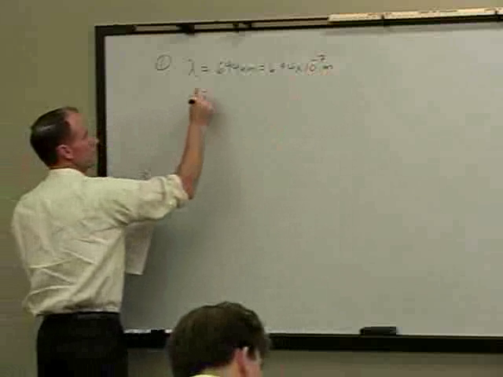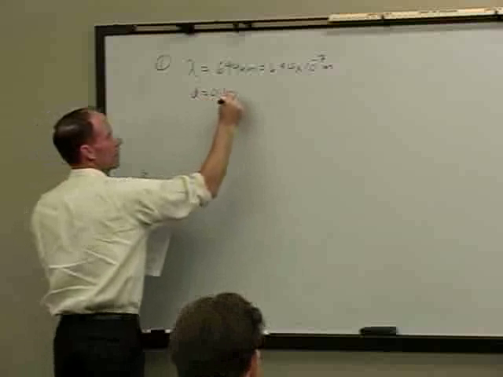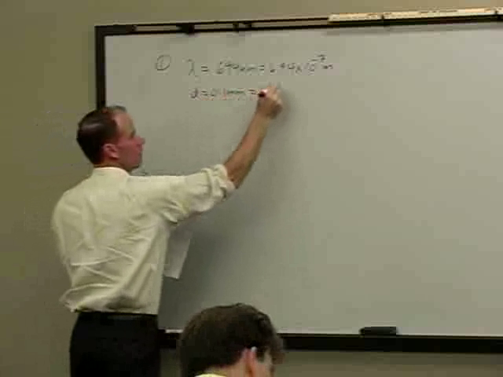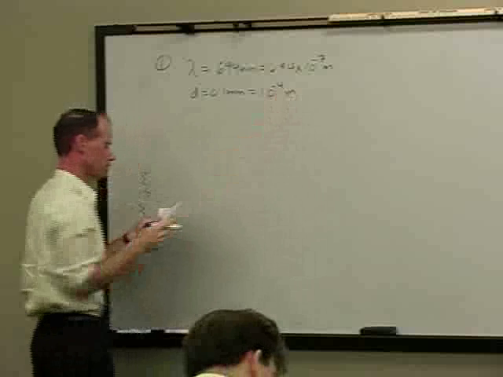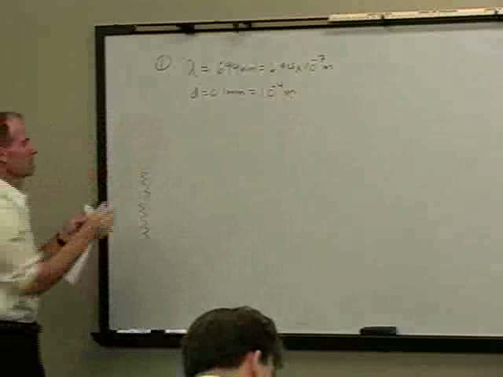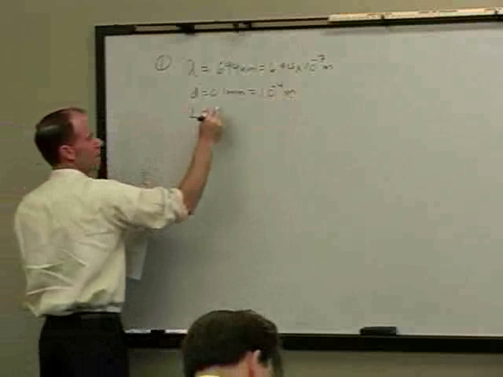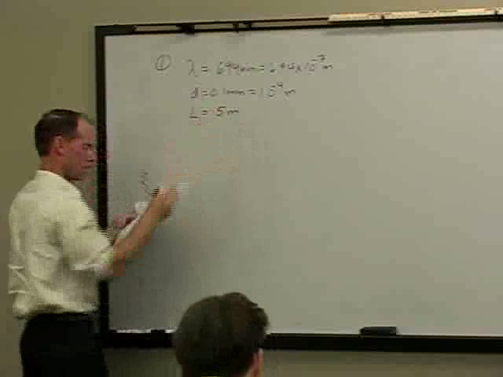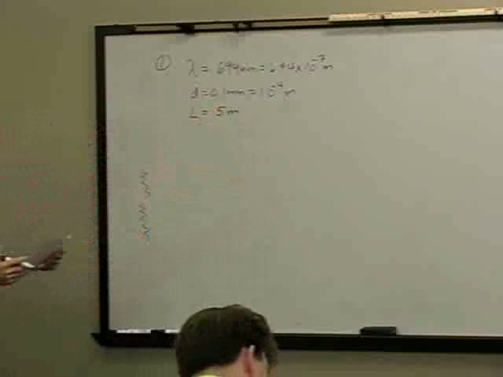Slit distance is 0.1 millimeter, or 10 to the minus 4 meters. Length to the screen is 5 meters.